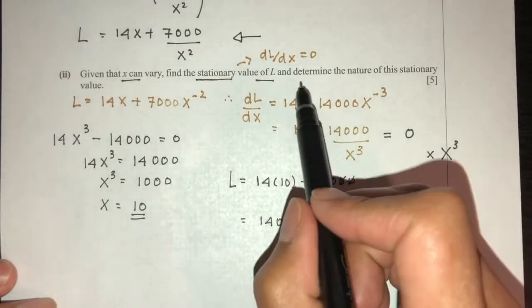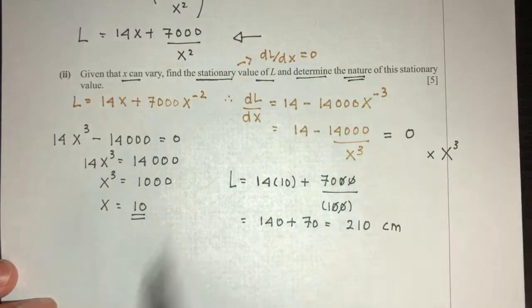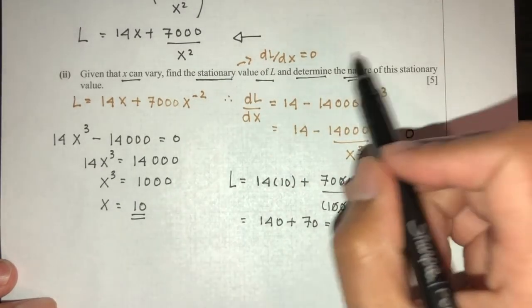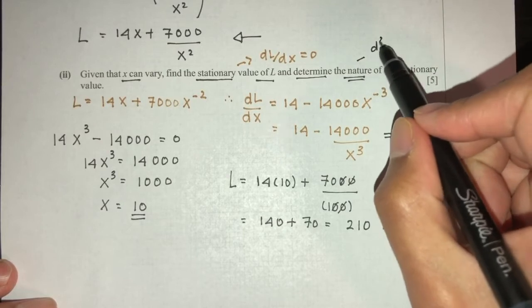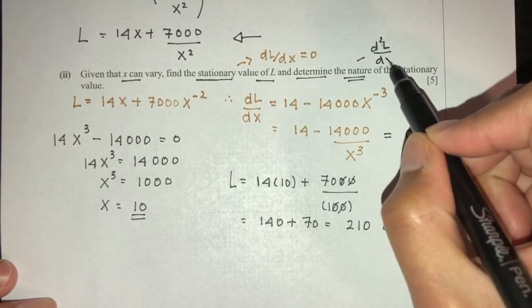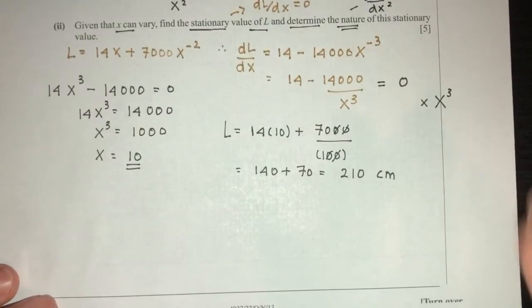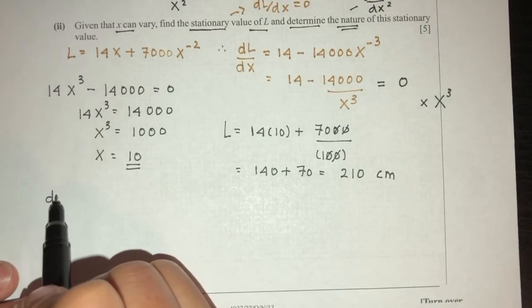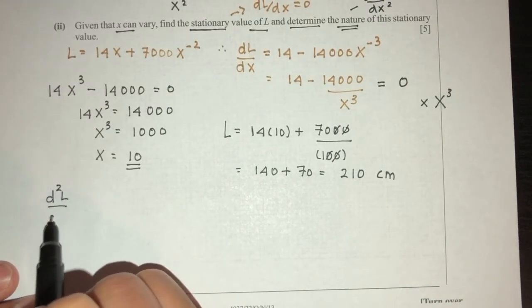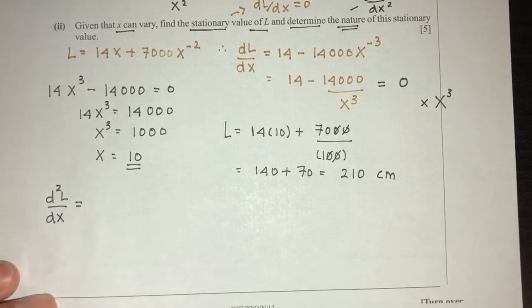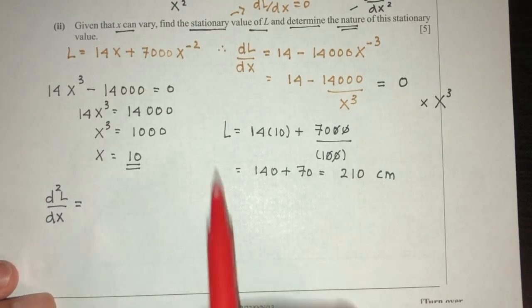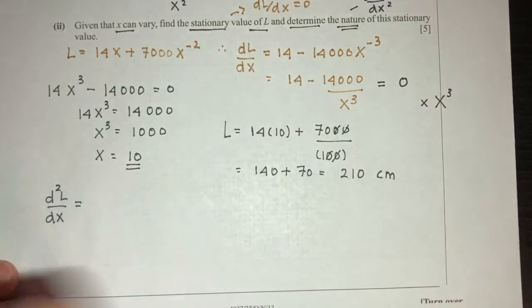Now, we have to determine the nature of this value. So whenever you see nature, you have to find d2L by dx2. So let's do that. d2L by dx2 should give you what value? So let's observe. Here we have dL by dx.